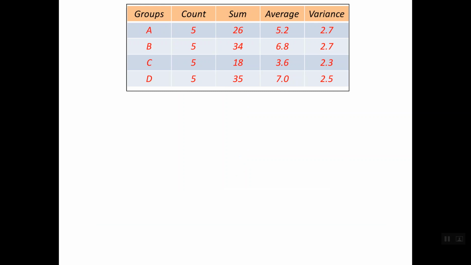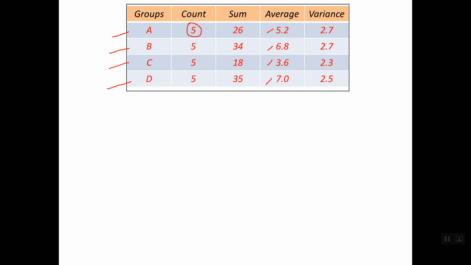So this is the data for the LSD test we need to calculate. As I have mentioned earlier, we have four groups, group A and B and C and D, and all of these groups have 5 observations or 5 replicates. So we have the case of equal sample sizes, and we have different means for the four groups.